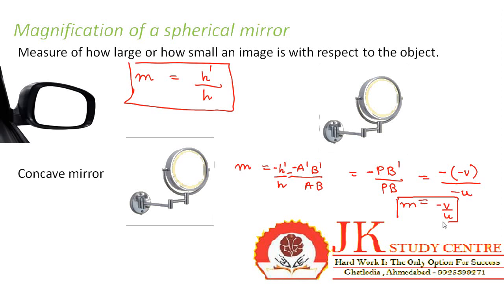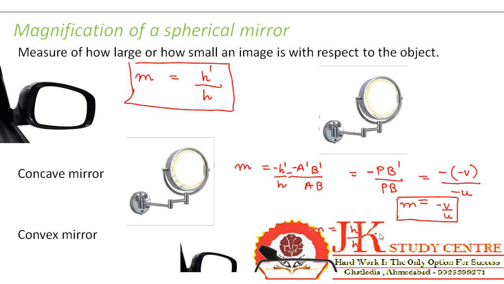So we can define magnification in two ways, that is height of the image by height of the object, and we can also write it as image distance divided by object distance. Similarly, let us look at magnification for a convex mirror. For a convex mirror, since image formed is virtual and erect, this will be h dash by h.